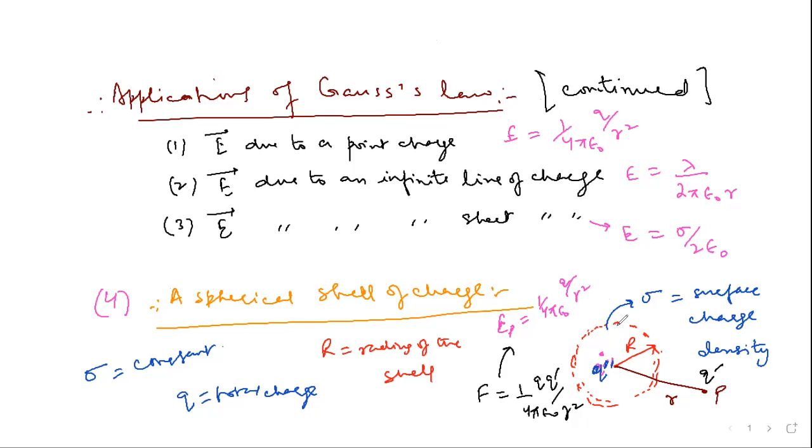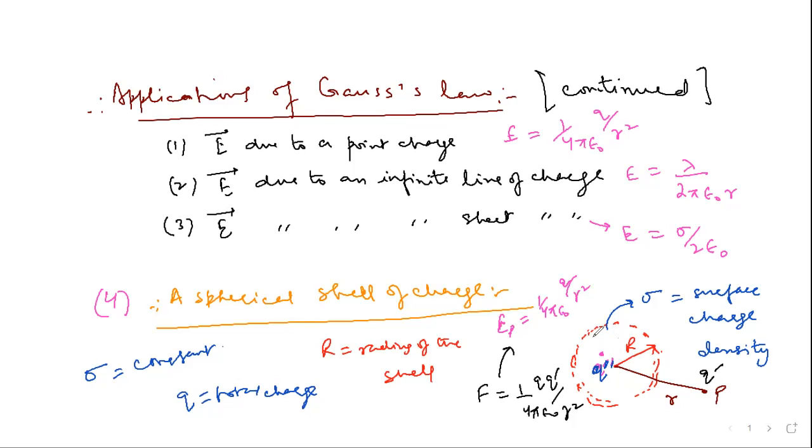Actually, what happens? When we say it exerts no electrostatic force, by that we mean it exerts no net electrostatic force on the charge placed inside the shell. Different pieces of the shell exert force on this, but they cancel out when we add them to find the net force on the charge placed inside the shell.